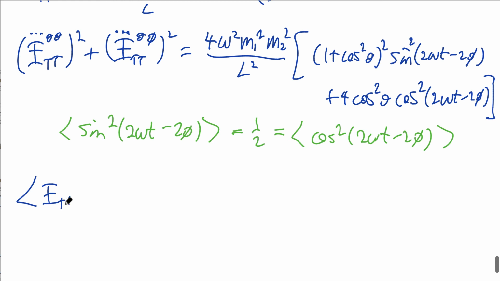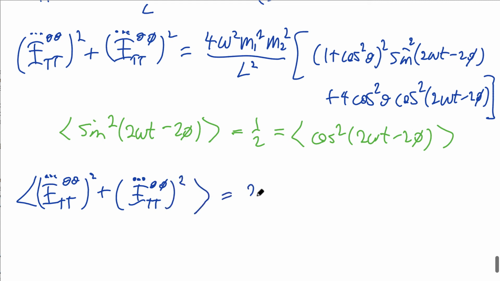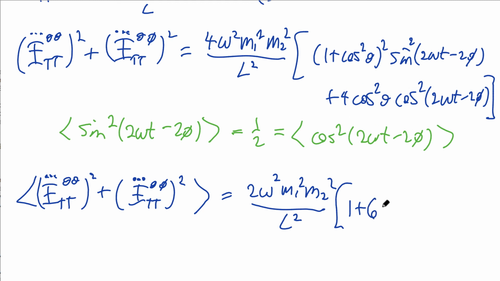The average of I bar tt triple dot theta theta squared plus I bar tt triple dot theta phi squared is equal to 2 omega squared m1 squared m2 squared divided by L squared times, from here we have 1 plus 2 cosine squared, but the 2 cosine squared combines with the 4 cosine squared to give 6 cosine squared theta, and then we also have from here cosine to the 4th theta.